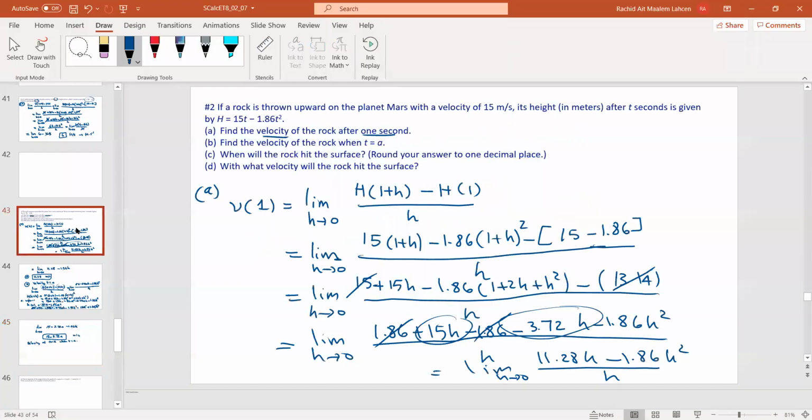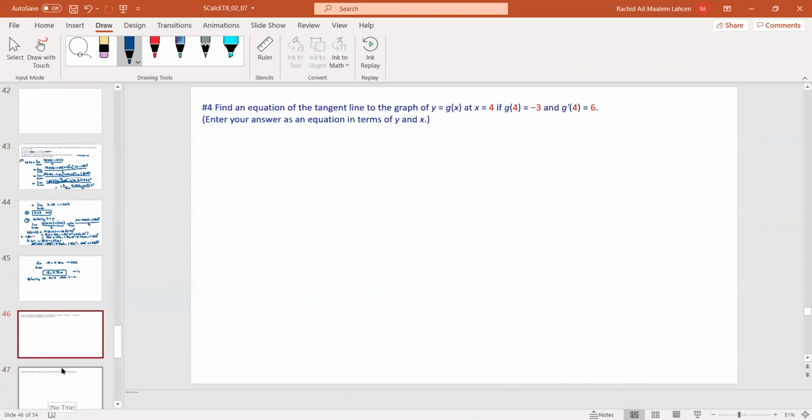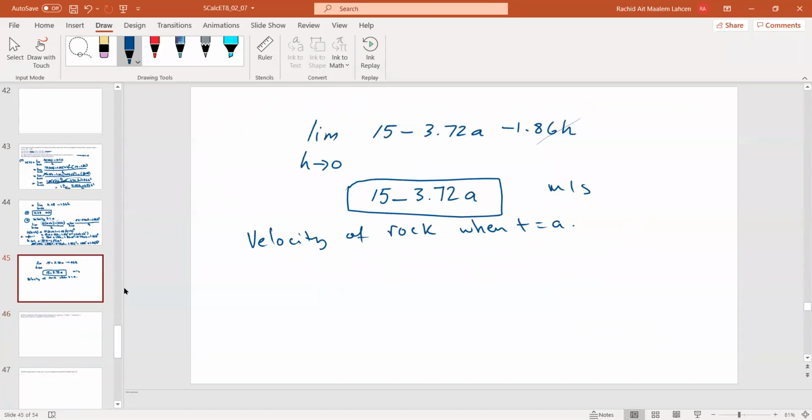So now we look at the next request. When will the rock hit the surface? This is more of an algebra problem, because when the rock hits the surface, h is going to be 0. So we will use that for the formula. So 15t minus 1.86t squared will equal 0, because h is going to be 0 at that point.